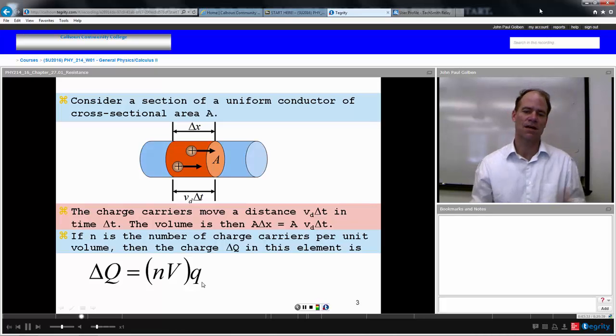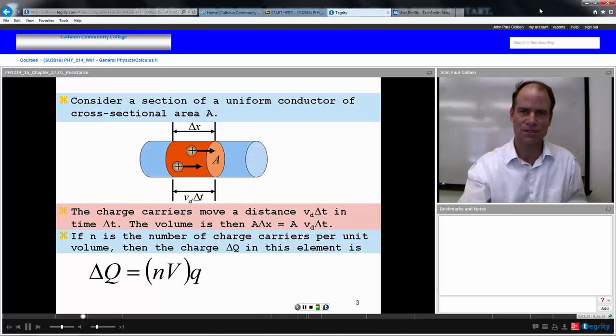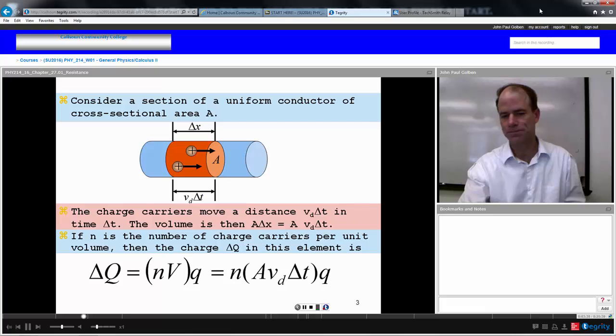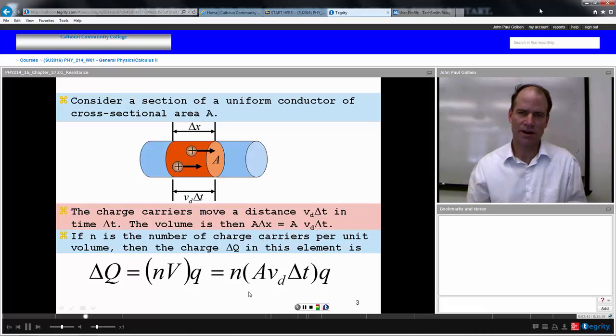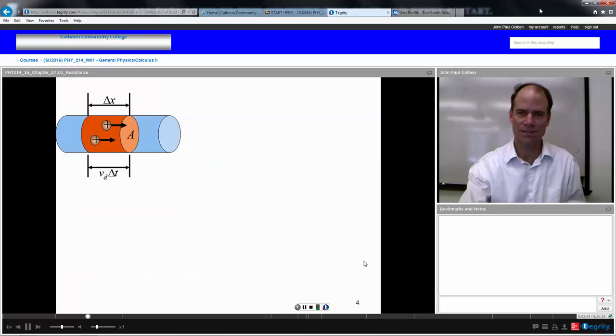If it's an electron, the magnitude of that charge will be 1.6 times 10 to the minus 19 coulombs. So this will be equal to n times the cross-sectional area, the drift velocity, delta t, times q. Bear with me, we're headed somewhere with this.